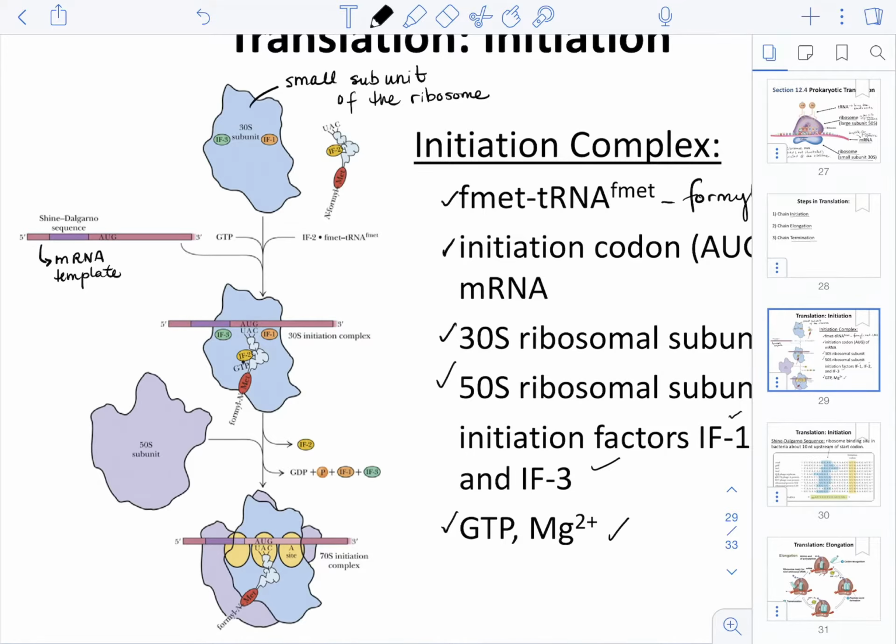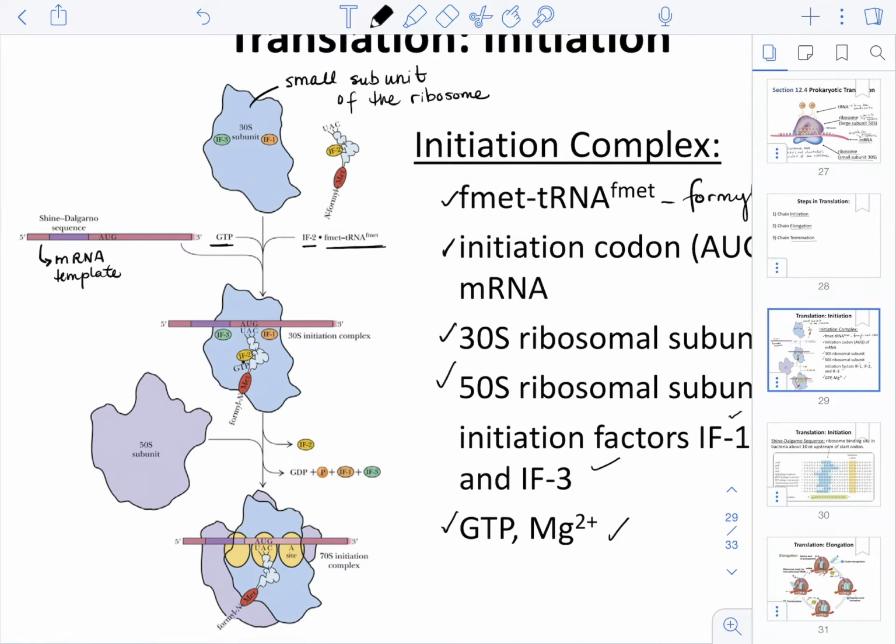As you can see, during this process, we need GTP, and we need initiation factor 2 that is going to be interacting with the fMet tRNA fMet.